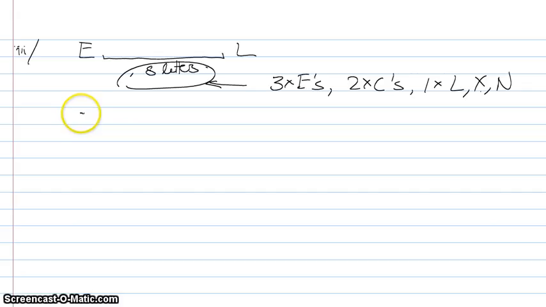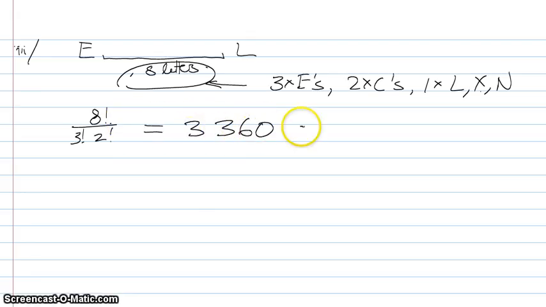So that's going to be 8 factorial ways of arranging them, divided by 3 factorial ways of arranging the E's, 2 factorial ways of arranging the C's. I don't need to worry about these single ones. So that gives me in total 3,360 ways. That is question 1.